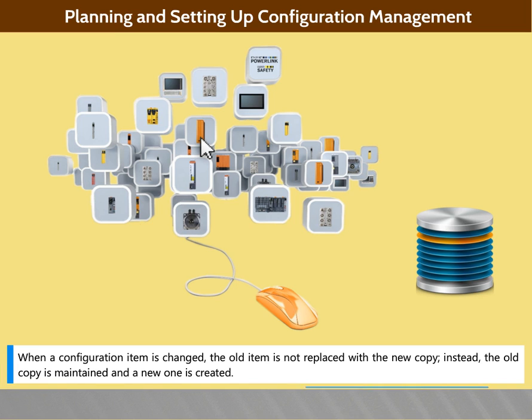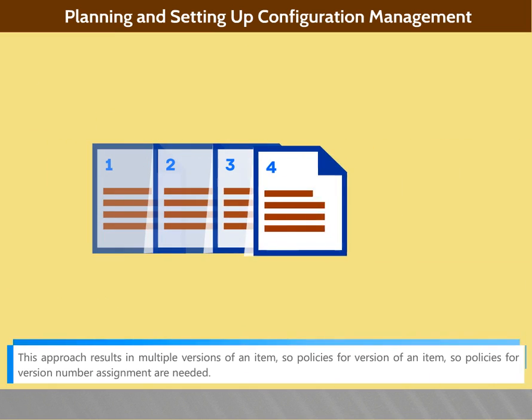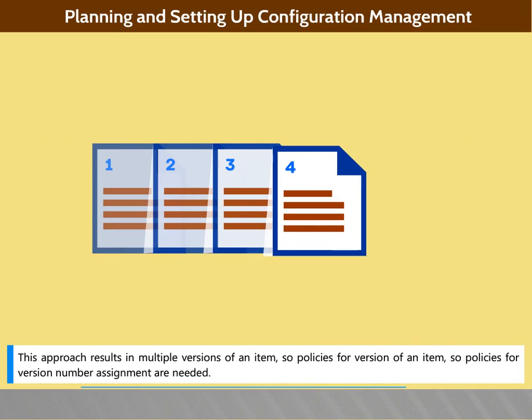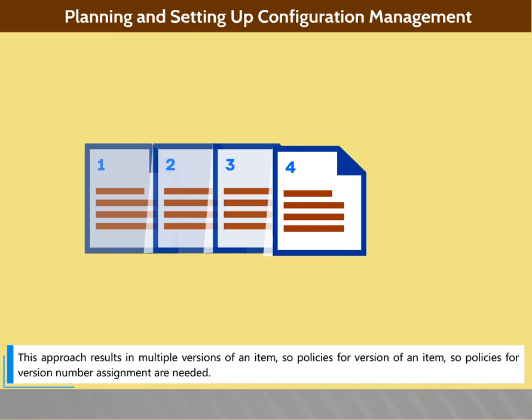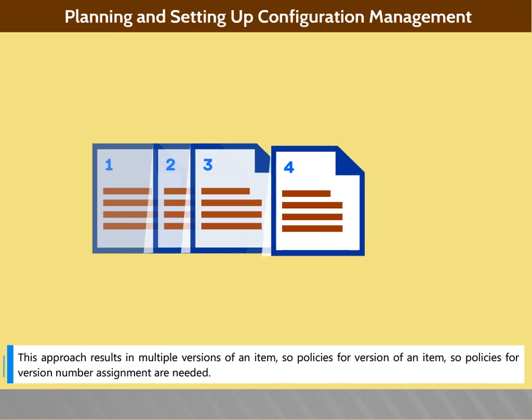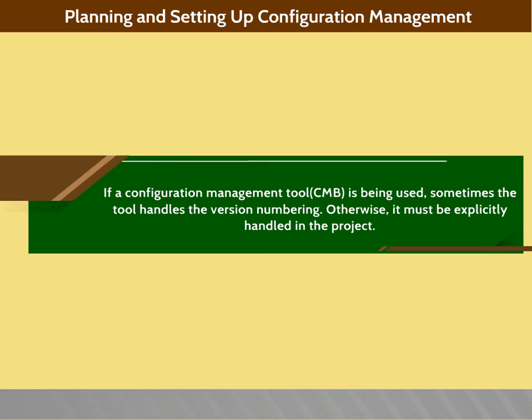Instead, the old copy is maintained and a new one is created. This approach results in multiple versions of an item, so policies for version number assignment are needed. If a CM tool is being used, sometimes the tool handles the version numbering, otherwise it must be explicitly handled in the project.